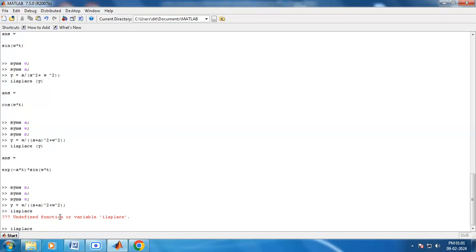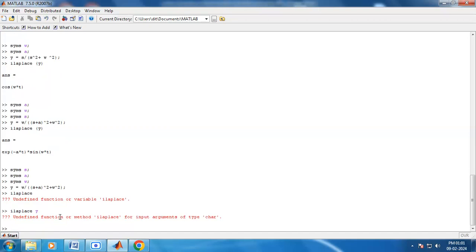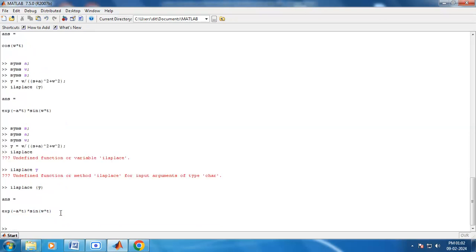If we do not put it in brackets, it will show an error, so we should put y in brackets. Our answer is exponential of minus a into t into sine of omega t.